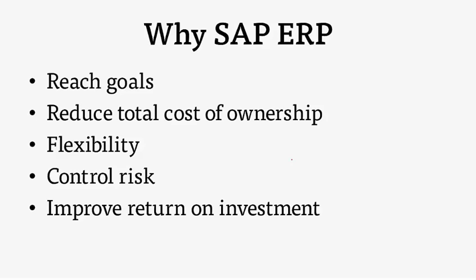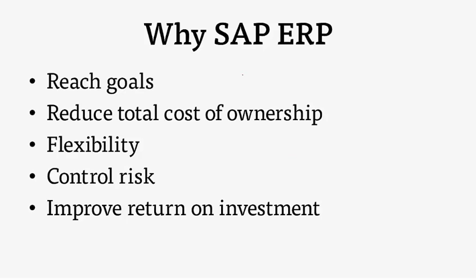SAP ERP offers a broad suite of products to solve these problems, containing the core business functionalities and concepts applied to standard business processes, and you can also customize the configurations to meet your industry and company-specific requirements.